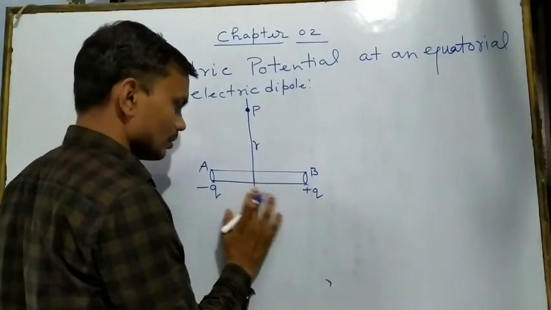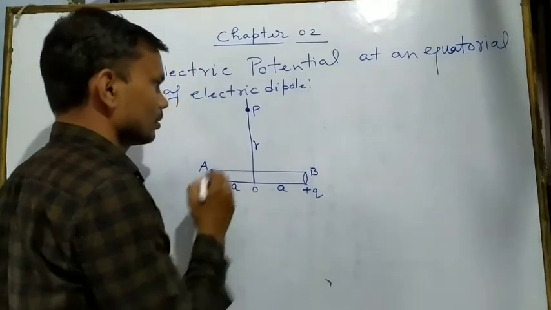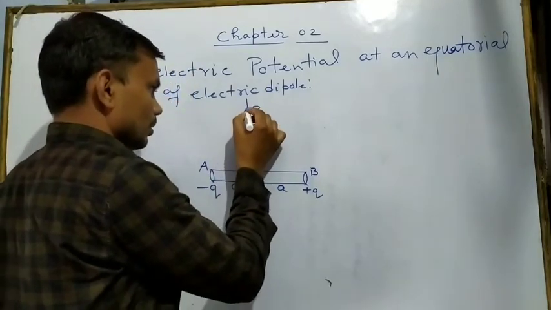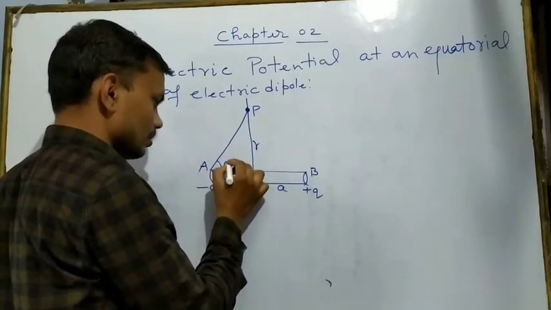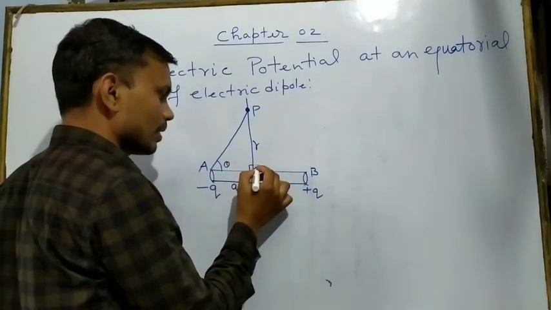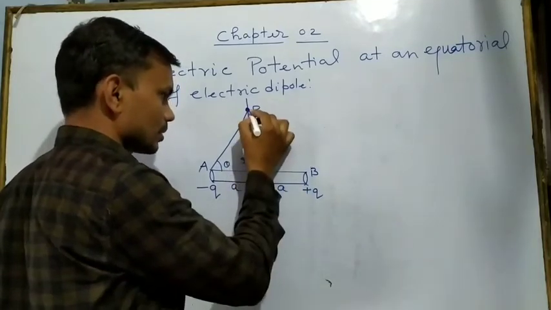Suppose this is A and then this is also, right? So suppose this angle is theta, and both are 90 degrees, means this is also 90 degrees.